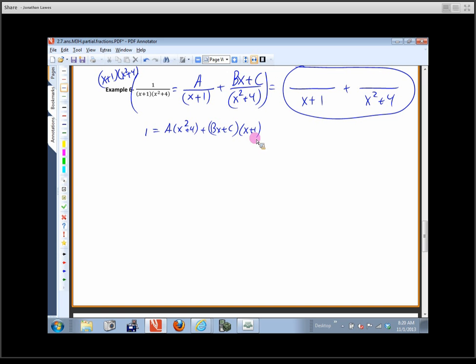So let's go through and do this. If I do have any convenient numbers, let's go ahead and plug them in. What is the convenient 0 on this one? -1. So if I plug in a -1, oddly enough, it doesn't change that one at all. That's going to make this -1 squared plus 4, so this is going to make this 5a.